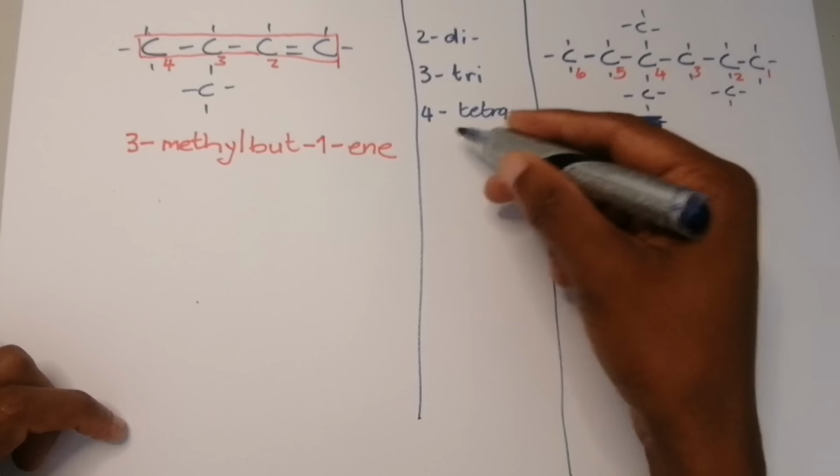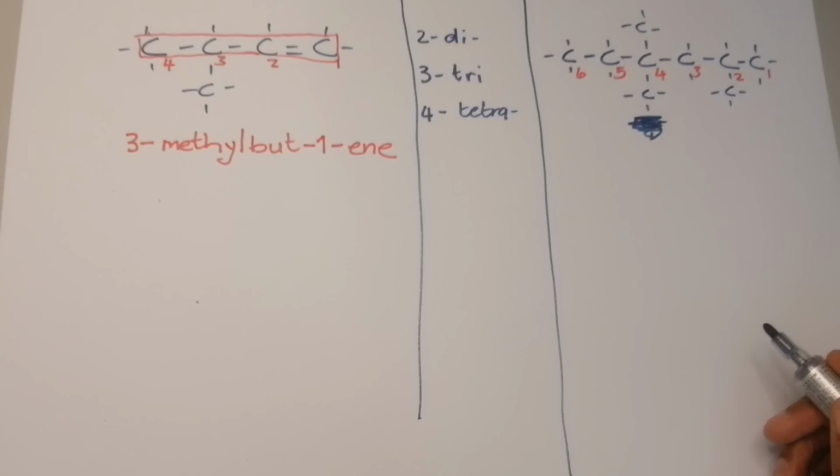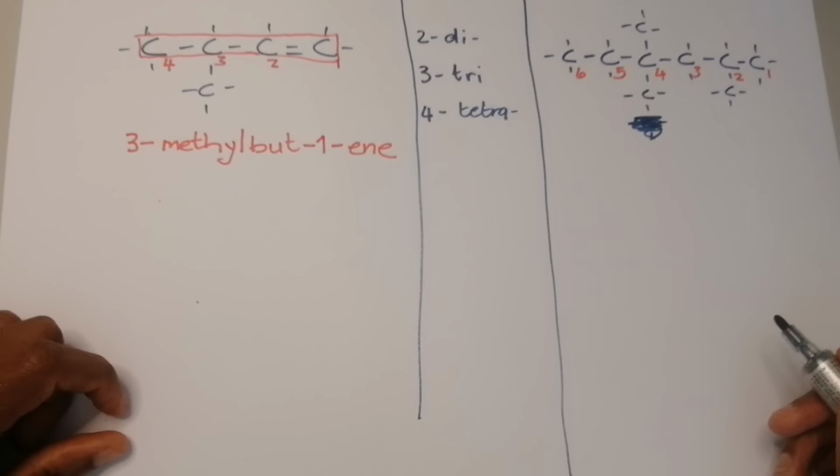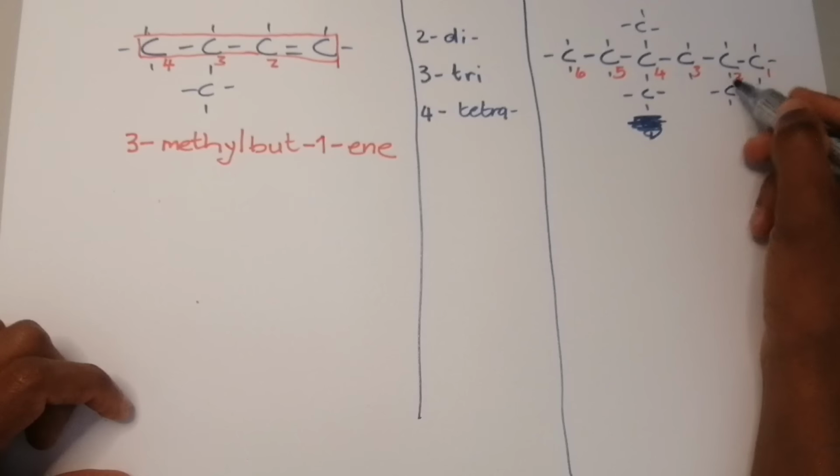By the way, if you wanted to know, for 5, it's penta, which takes on the same system as our prefixes for the carbons. So we're going to simply say this is at carbon number 1, at carbon number 2, we've got a meth.